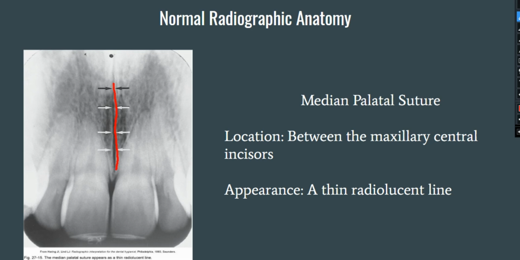So that is your median palatal suture. And on either side of it, you can look and see closely here, cortical bone. So there's a little layer of cortical bone and then a little layer of cortical bone here. But this thin radiolucent line is your median palatal suture.